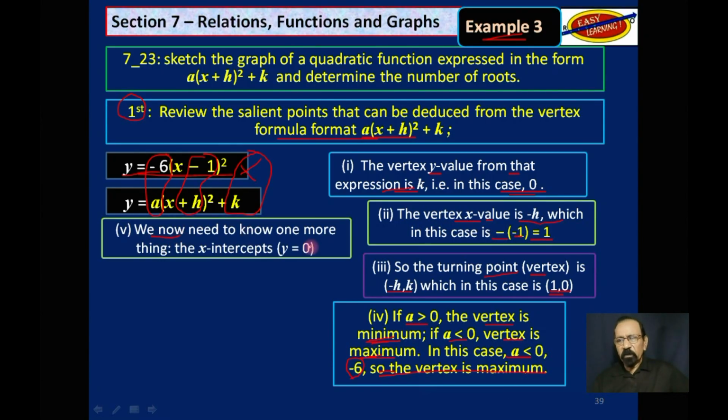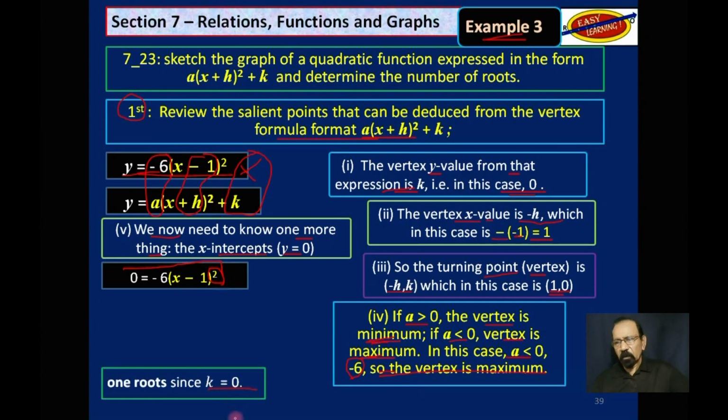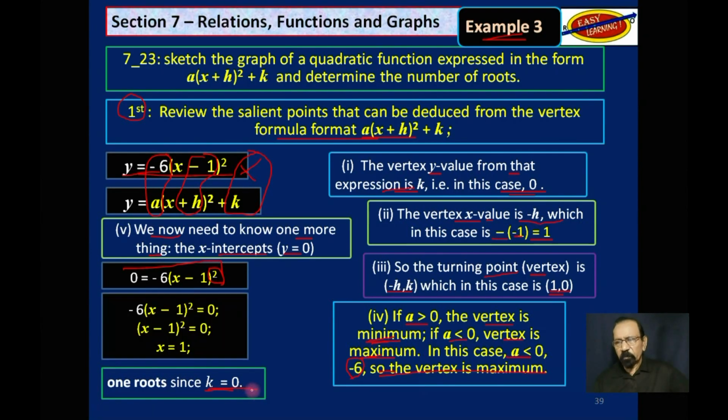We now need to know one more thing: the x-intercepts, that is where y is equal to 0. And as I said, because of the way this equation is organized, with that square there, we know it would have one root because k is 0. So y is 0 at the turning point.